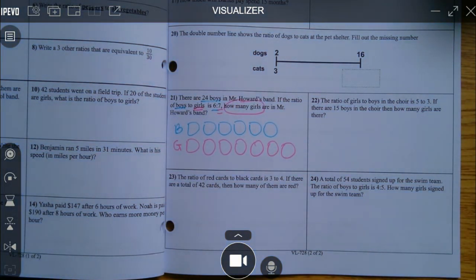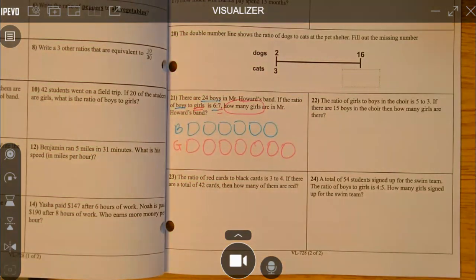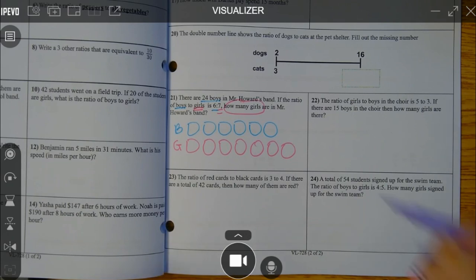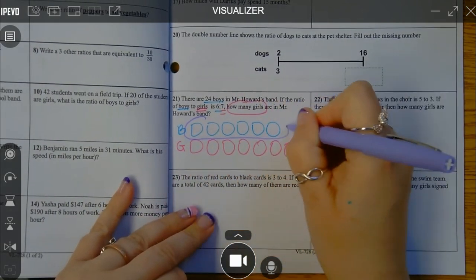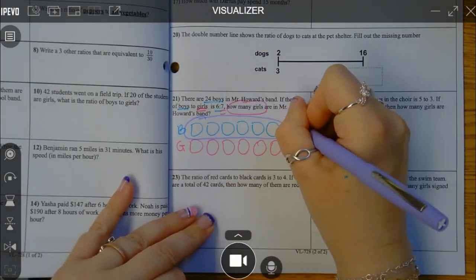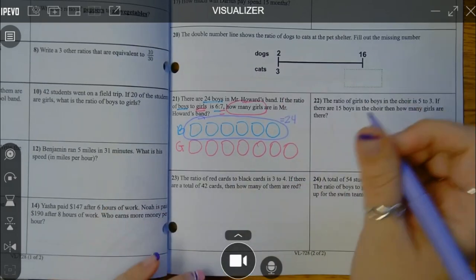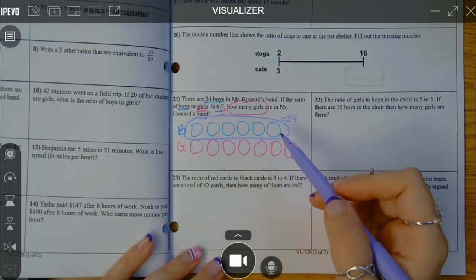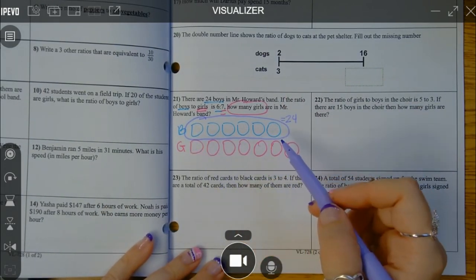Now that you have that, look at that other number, 24. What is 24 talking about? Well, 24 is talking about the number of boys, right? So which boxes are talking about the number of boys? These boxes right here. Those boxes represent a value of 24. So what does each box have to be worth in order to total 24?